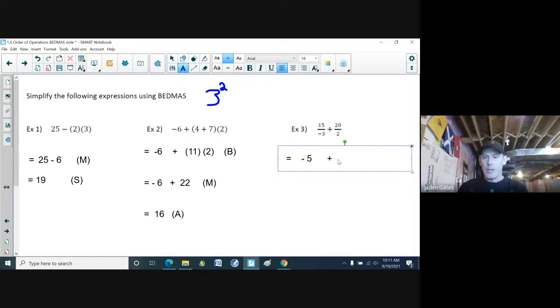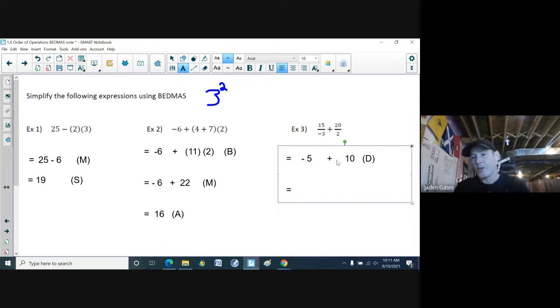So then I got my plus sign. And then I go to my next division question, which is 20 divided by 2. So if I take 20 and I cut it in half, I get a 10. And so there I finally did some division. All right, and then, well, lastly, in this case, I'm looking for addition and subtraction. And let's see here, I have -5 plus 10.